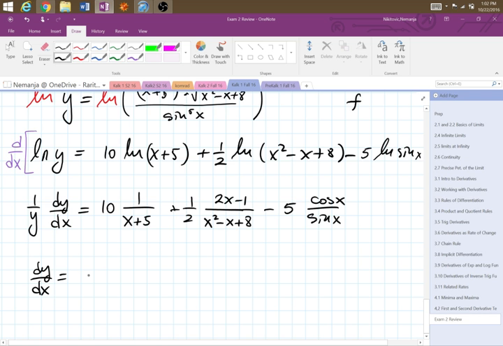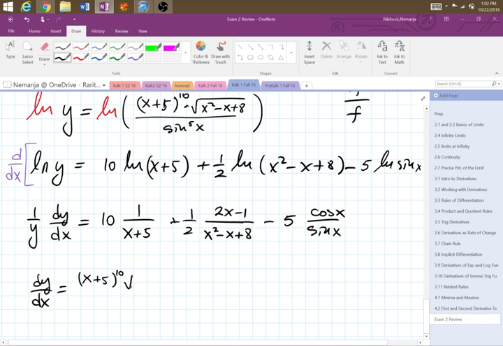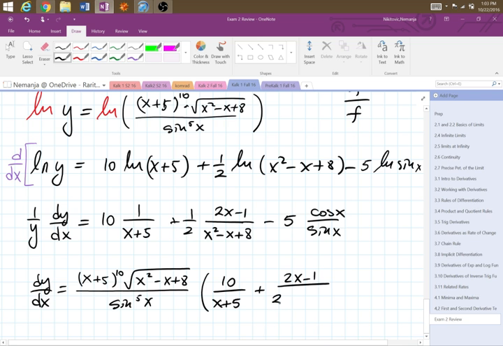So the function itself times, so that's going to be x plus 5 to the 10th times the square root of x squared minus x plus 8 divided by sine to the 5th x, and then times 10 over x plus 5 plus 2x minus 1 divided by 2 times x squared minus x plus 8, minus 5 cotangent x. Done.